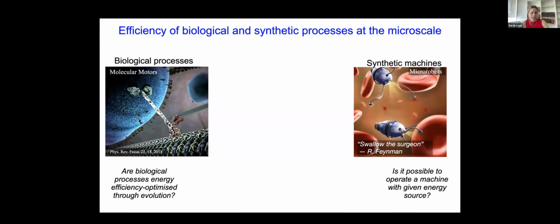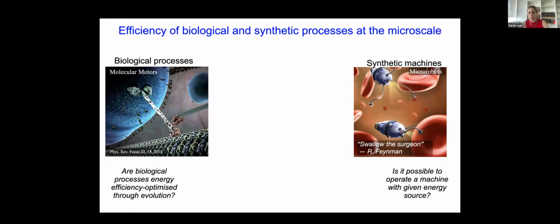By studying optimal solutions, we can also tackle some relevant fundamental questions in different applications. If we study thermodynamically optimized processes on a theoretical level, we can see whether evolution has led to energy optimized solutions or not.